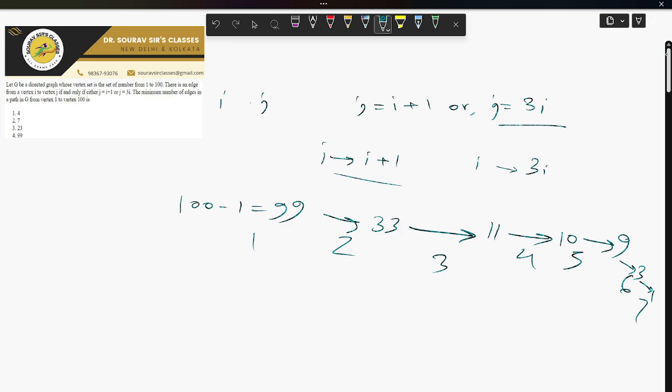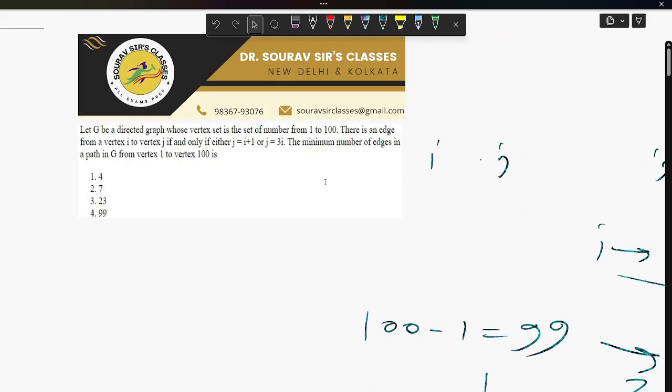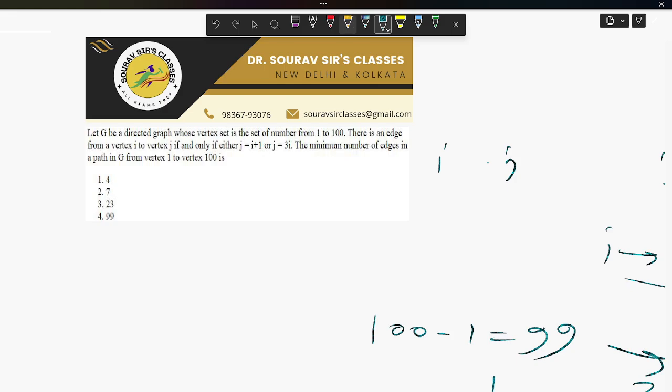So the minimum number of edges in a path from 1 to 100 will be 7. So this is our option B, the correct option of this question.